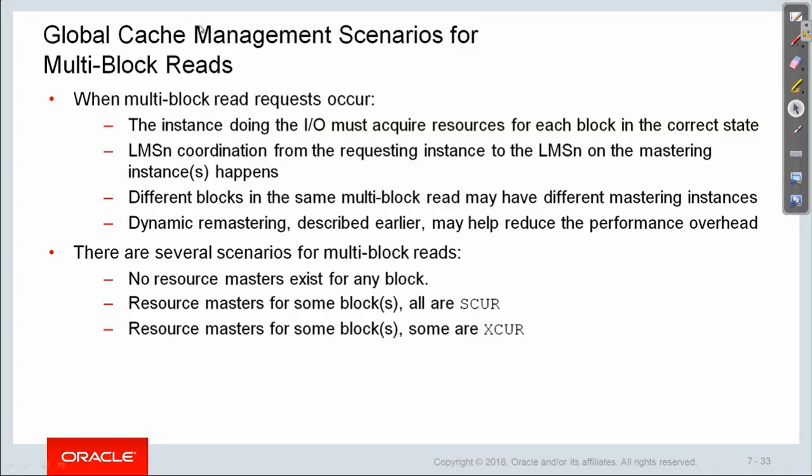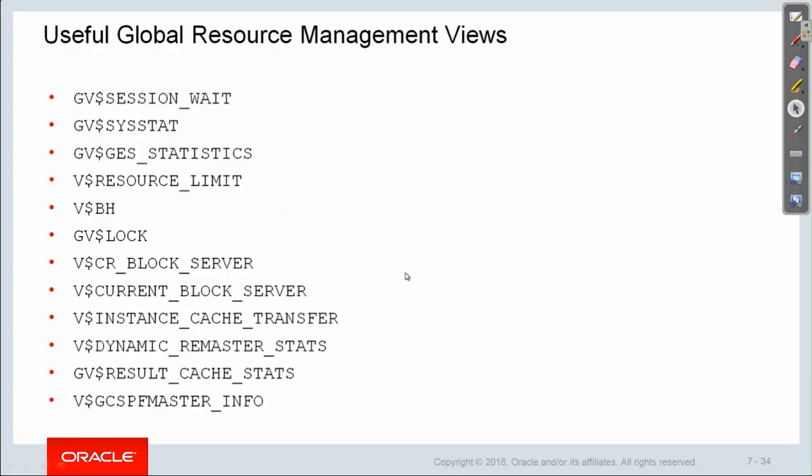LMS, which is the global cache service process, coordinates from the requesting instance to the LMS on the mastering instance, and different blocks in the same multi-block read may have a different mastering instance. Makes sense? And dynamic remastering described earlier may help reduce the performance overhead. There are several scenarios for multi-block read as well, with similar buffer state changes.